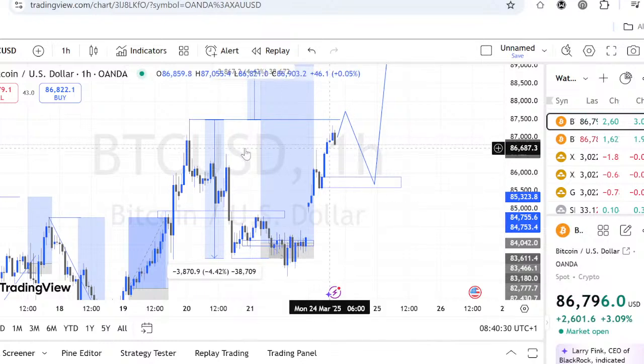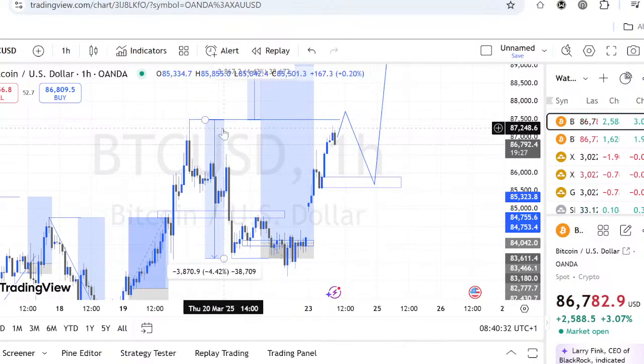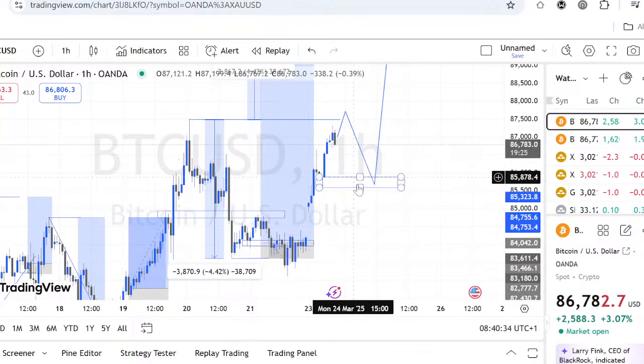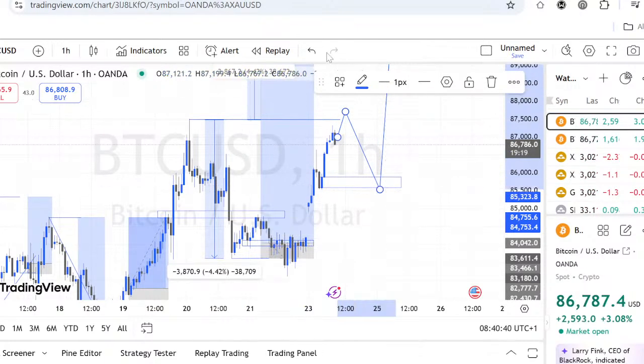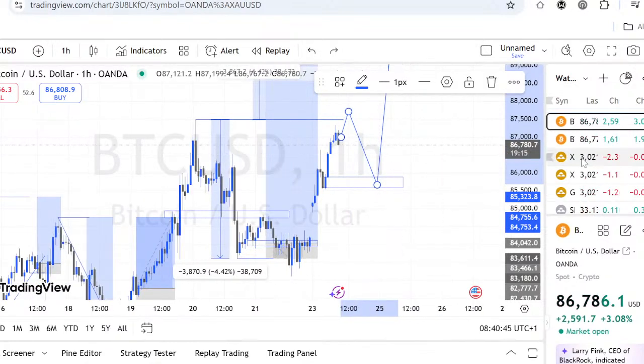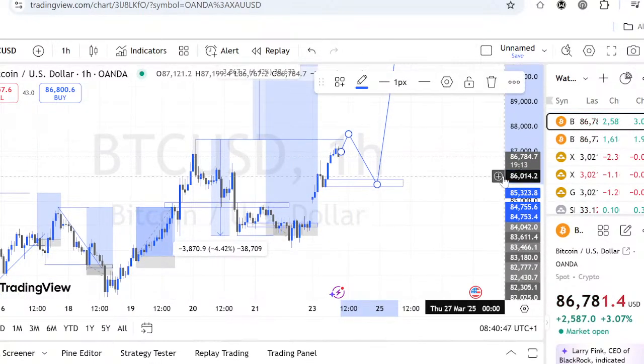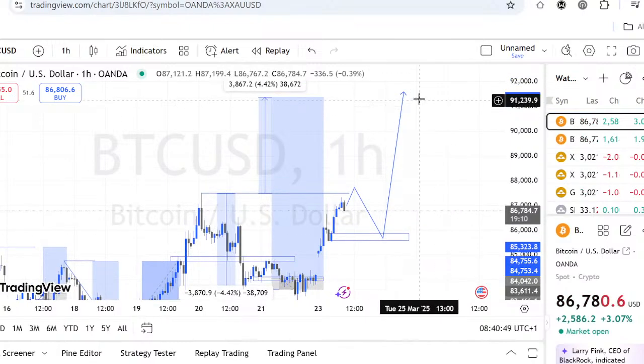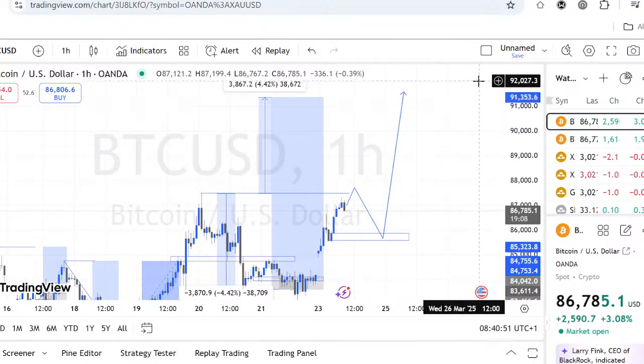It didn't take out these two liquidity that I was seeing here, and it's reacting downwards. So if it comes down to the zone and reacts here, I'm gonna take a long position and target 91,353. That's my full take profit.